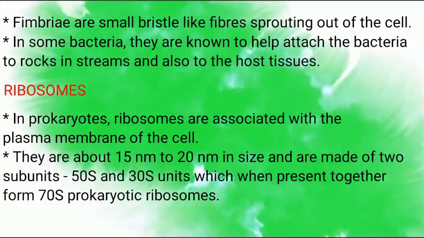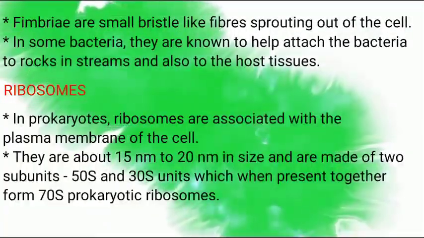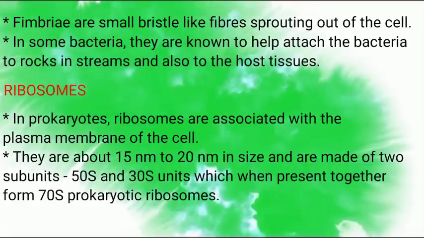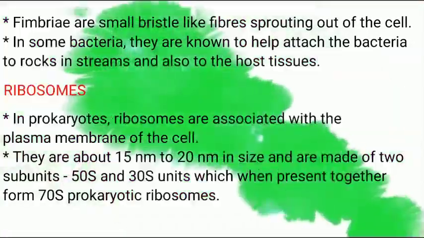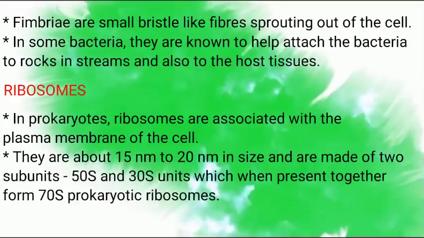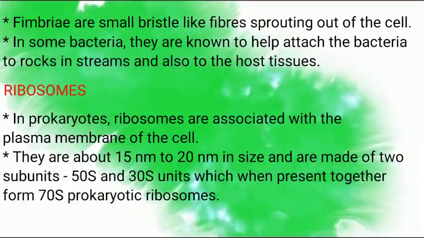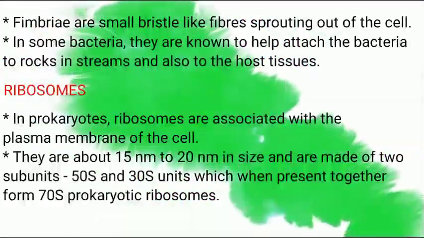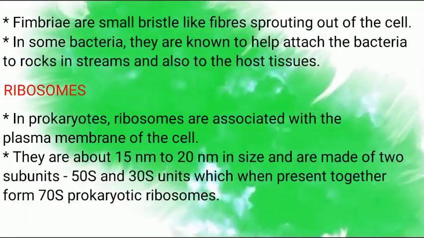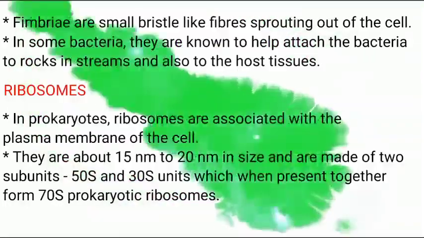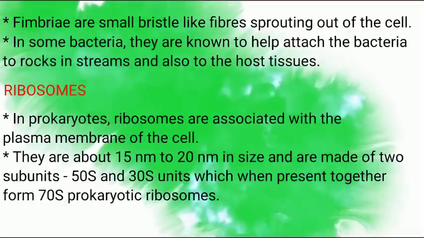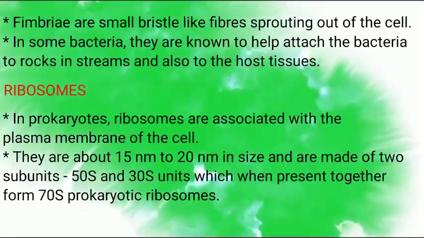Ribosomes. In prokaryotes, ribosomes are associated with the plasma membrane of the cell. They are about 15 to 20 nanometers in size and are made up of two subunits called the 50S subunit and the 30S subunit, which when present together form 70S prokaryotic ribosomes.